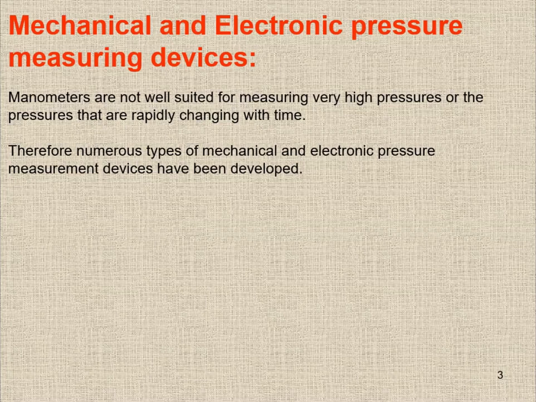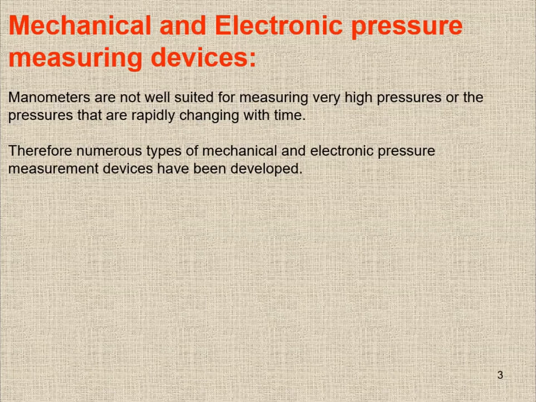But if the pressure is 100 bar or 50 bar, these are very high pressures, and we do not have a fluid that can handle such a height of column. Because of that we need another type of pressure measuring device that can handle such high pressure.